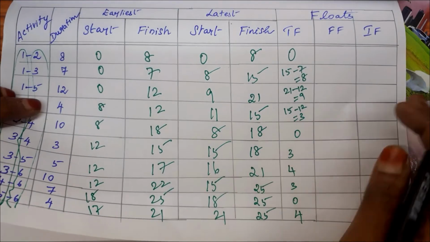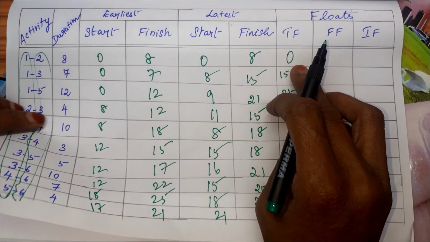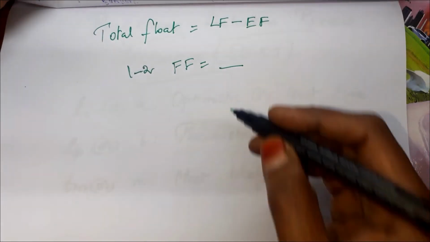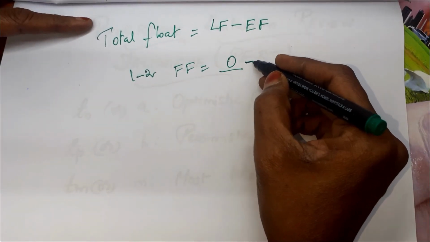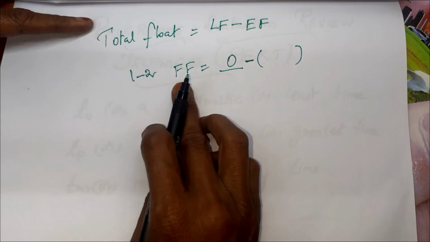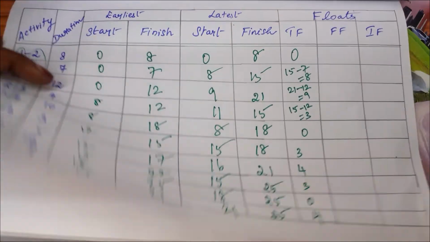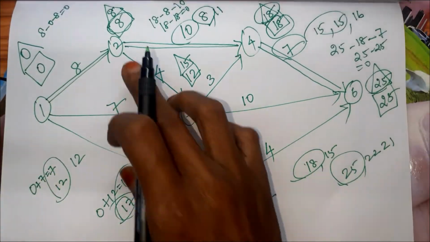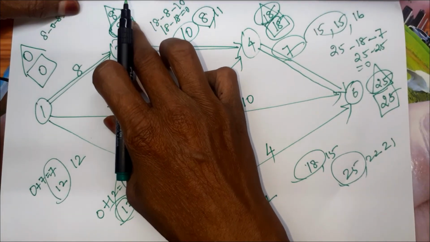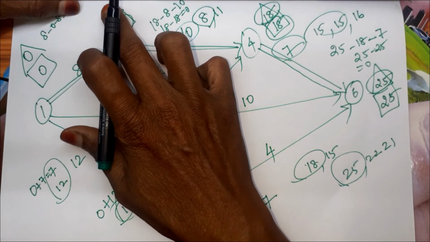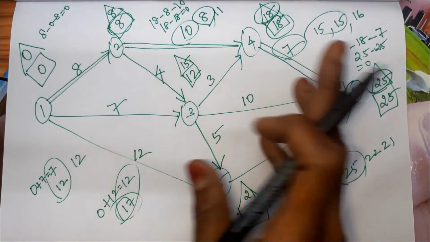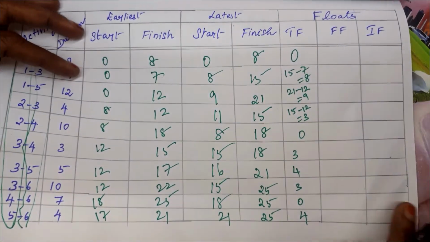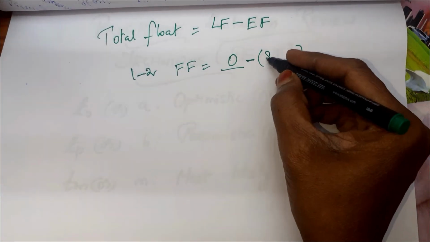We got the total float values, and that will come first, 0. The total float is 0, minus, within brackets. So go to the diagram. We are calculating for 1, 2. For 2, what is the triangle value and the box value? Triangle value minus box value will come within brackets. So 8 minus 8.